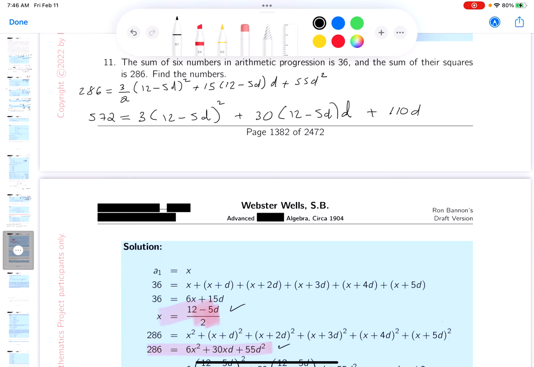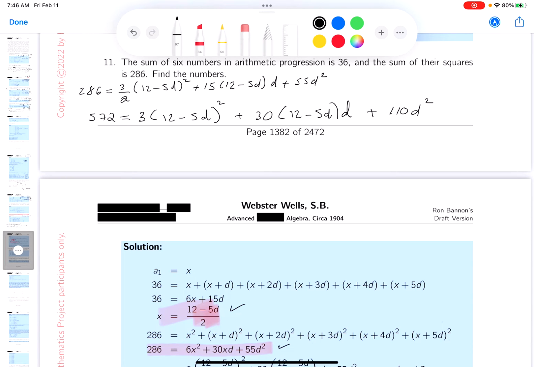So 110. All right, let's check, see if I did it right. 2 times 286, 400, 560, 572. 2 times 3 halves is 3. I got that. Then I see this business with the 30 there. And let's see, 30 times 12 minus 5d. Yeah, things are looking like they're going to move forward.